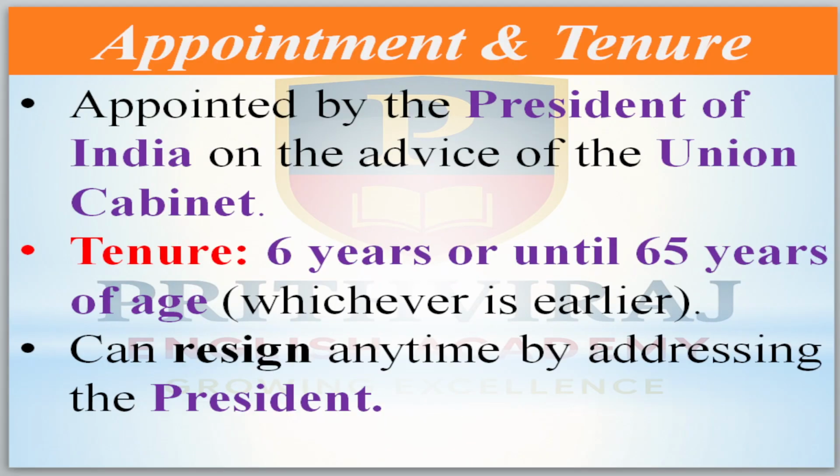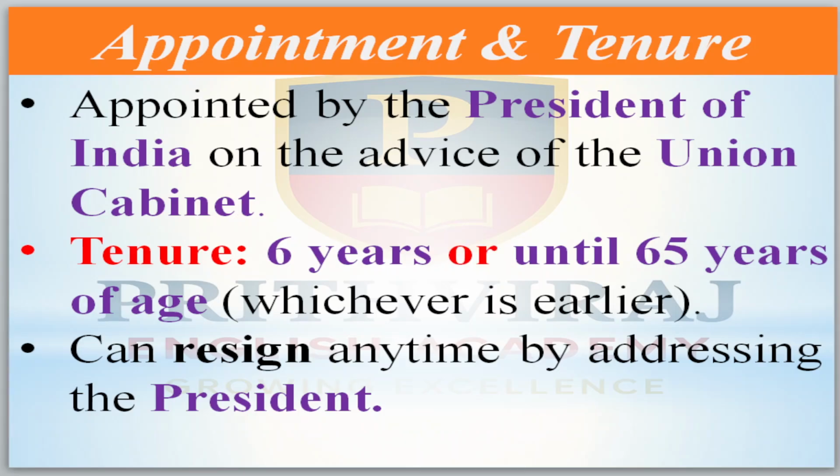Okay. Now come to the appointment of the Chief Election Commissioner. They are appointed by the President of India, on the advice of the Union Cabinet. Once appointed, they will be in service for 6 years or until the age of 65, whichever comes first.